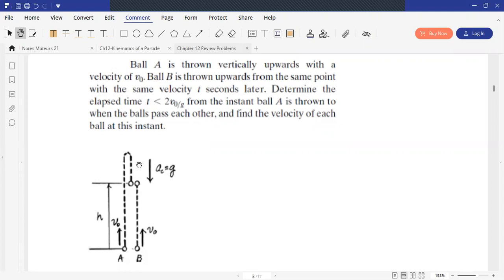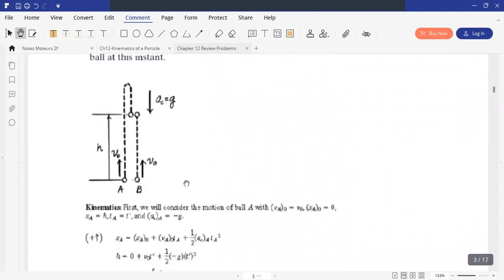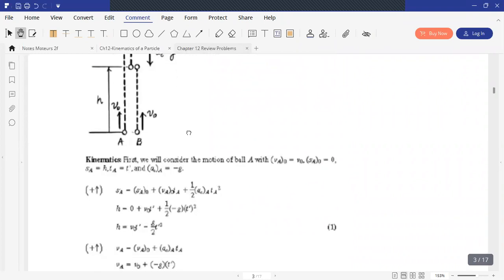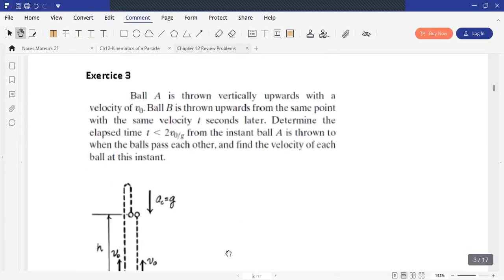Welcome. So now let's put the equation of motion for A and B. All I should pay attention to here is that the origin of time is different for A and B. Because A started motion from the beginning, from t equals 0, while B started motion after a certain elapsed time. Just for the notation, pay attention.